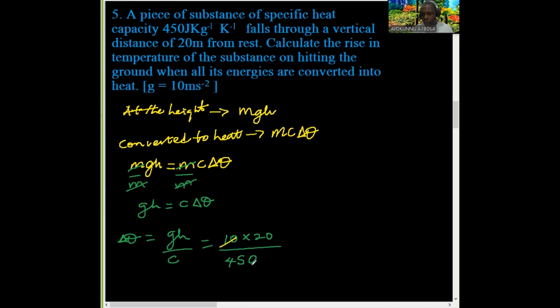So here 10 cancels this, and we have 20 over 45. Like I said, you should leave your answer in fractions. So 5 here 4, 5 here 9 degrees Celsius. Is that clear? Yes, sir. So the potential energy has been converted to heat energy.